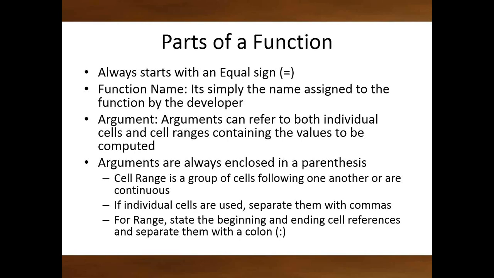In most situations too, the values may be contained in continuous cells, which we refer to as cell range. So the cell range is a group of cells following one another or are continuous.